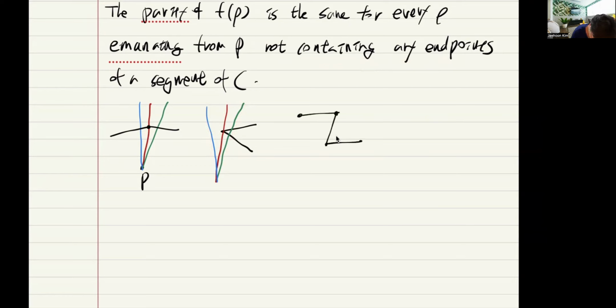For example, what if your P completely contains this segment? But still, for this, we don't care. It's actually 3, 1, 2, 3 segments intersecting, but we don't care because it contains an endpoint. It actually contains the entire segment. But again, this is 1, this is 1, so it has the same parity.